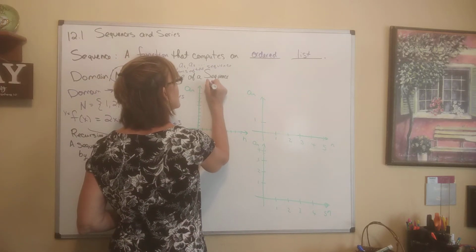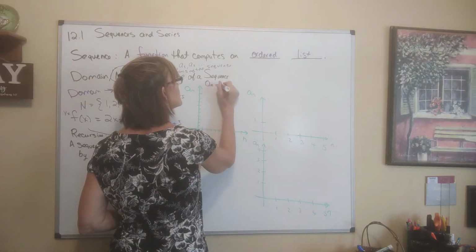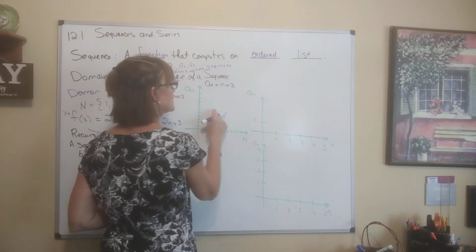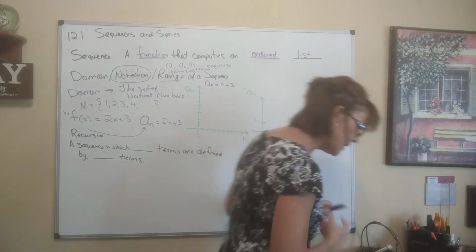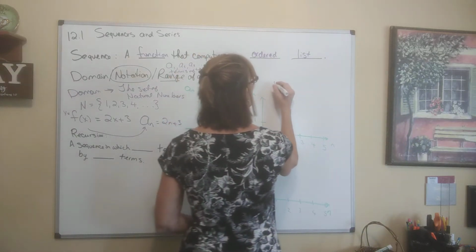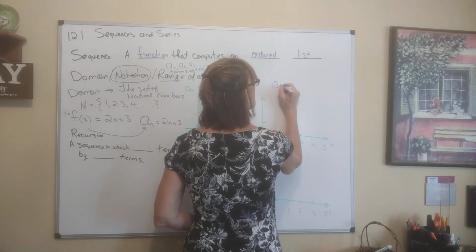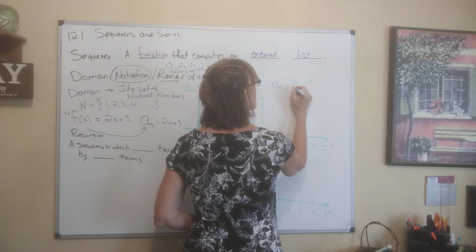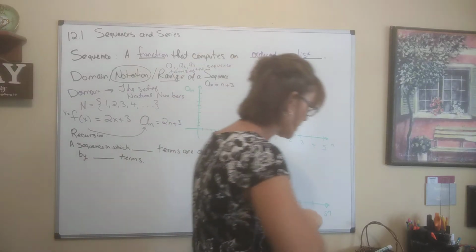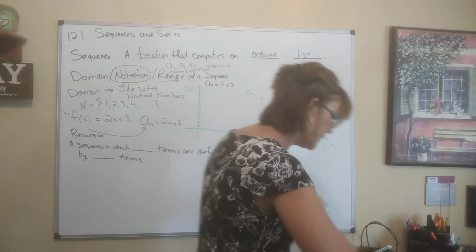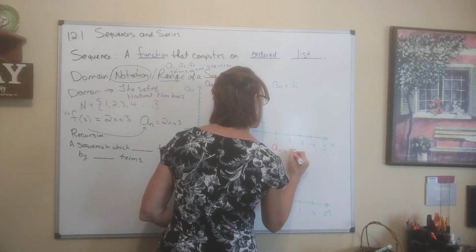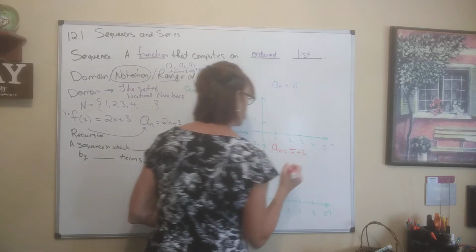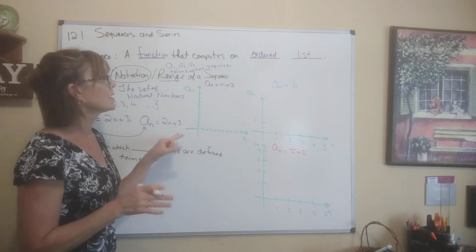Then the next one I want to look at will have the rule a sub n is equal to 1 over n. And then the next one I want to look at will be a sub n is equal to 1 over n plus 2. Okay, we're going to take these one at a time.